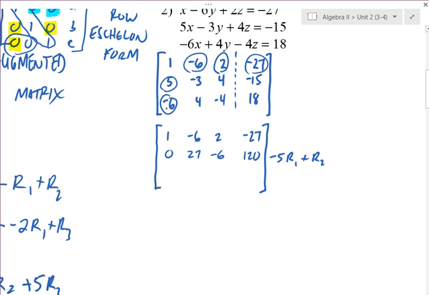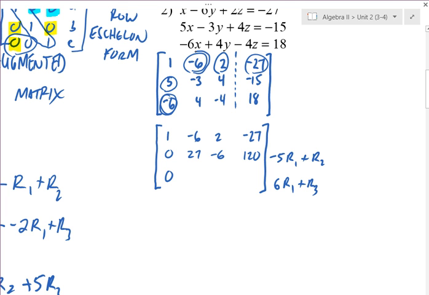Okay? And then to change the -6 into a 0, again, I can go back to the top row since it has a 1 there and say 6 times the top row plus the bottom row is going to change this into a 0. Because +6 and -6 gives me 0.